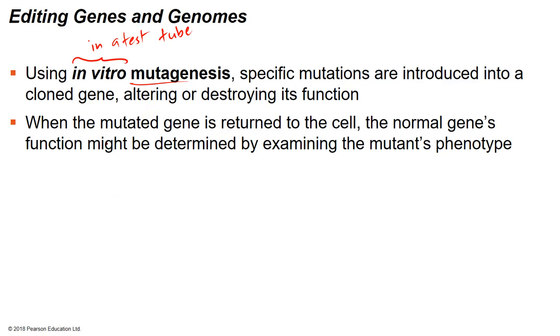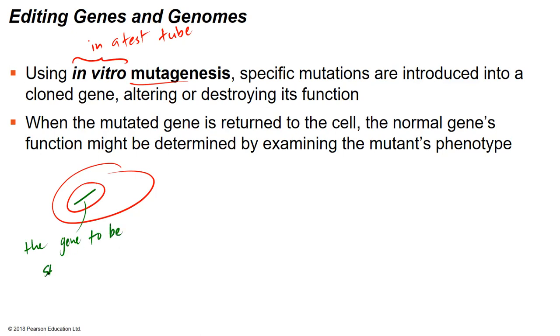So the idea is that you have cells, and these cells have the gene. For example, this is the gene to be studied. Okay? And this gene could be isolated, and could be cloned, just like we learned in this chapter.